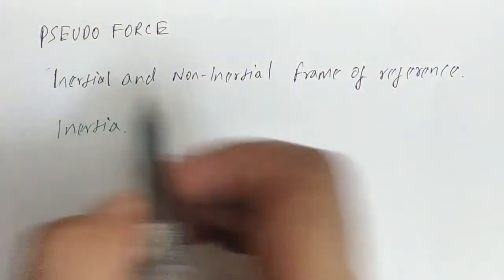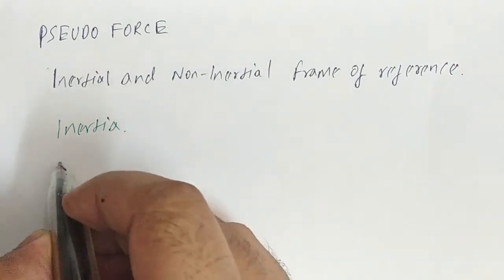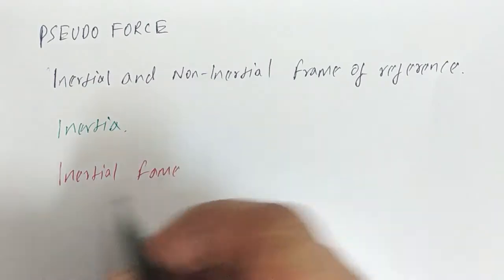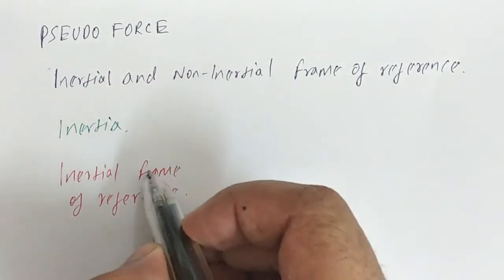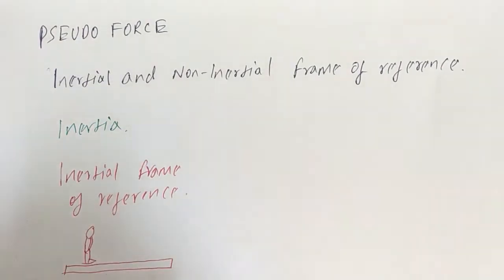Now, the first thing that we are going to discuss is inertial frame of reference. Now, what is a frame? Say for example, you are standing on the ground and the ground is in the state of rest.